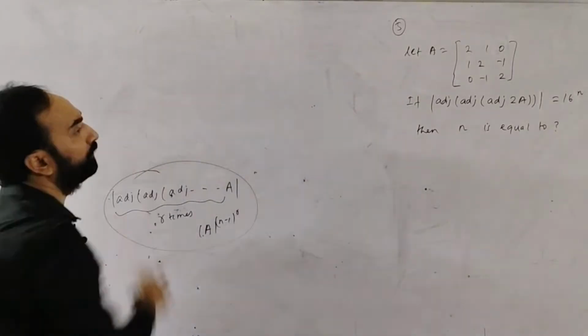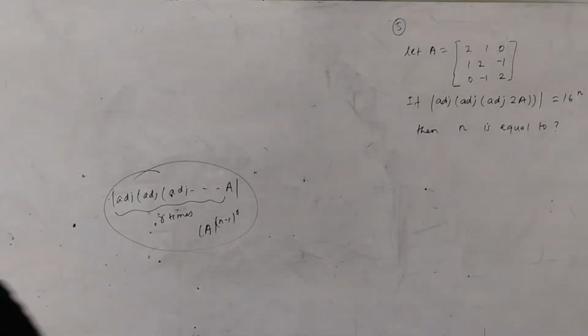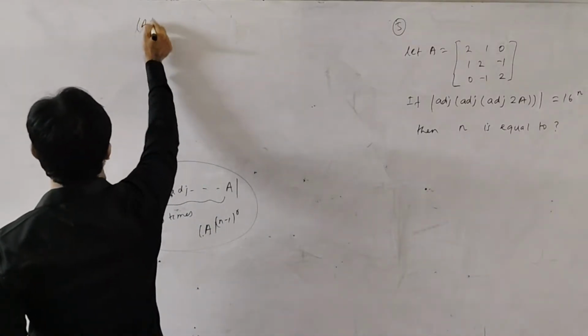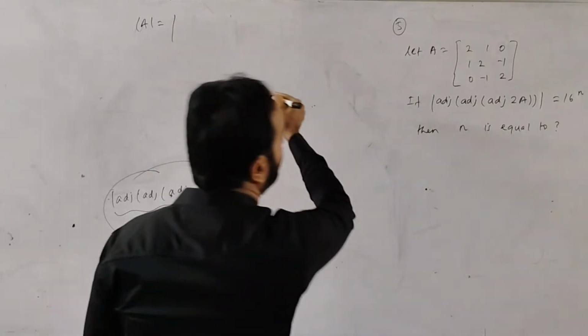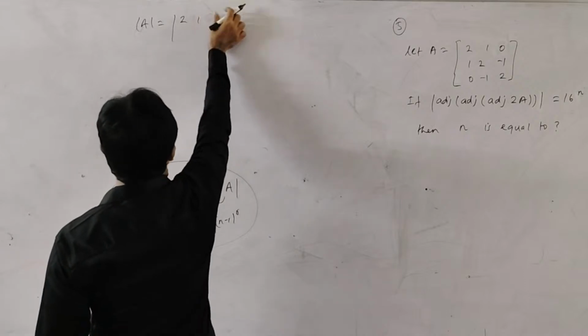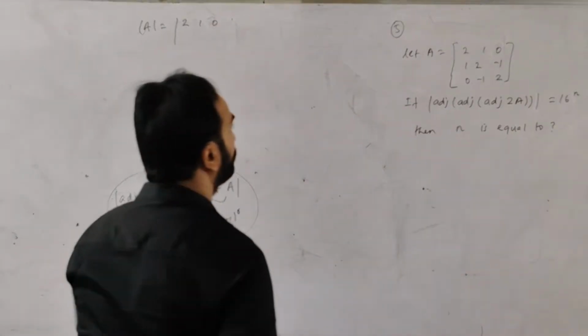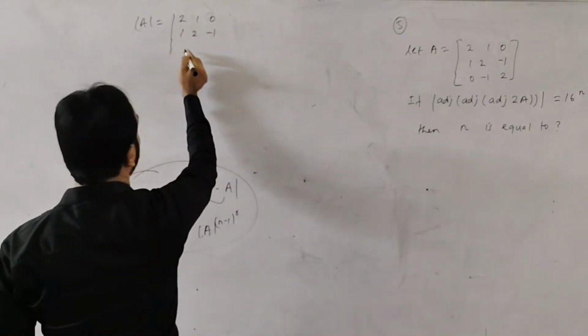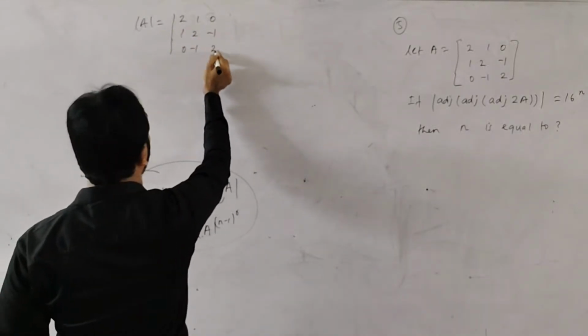Is it necessary to find the det here? Yes. First find the det of A. How much is the det of A coming? Okay. This is det of A is equal to 2, 1, 0, 1, 2, minus 1, 0, minus 1 and 2.